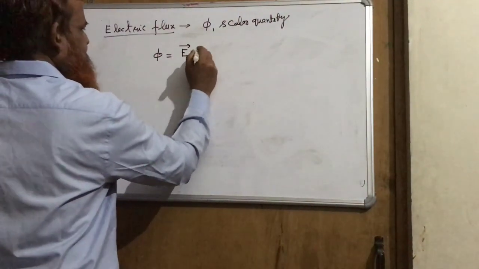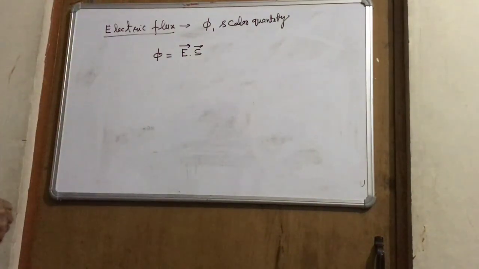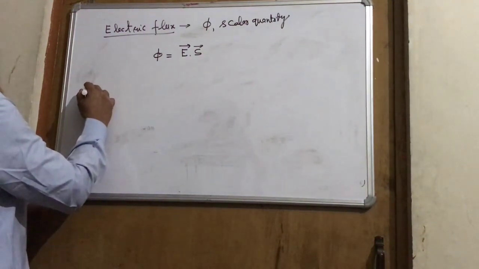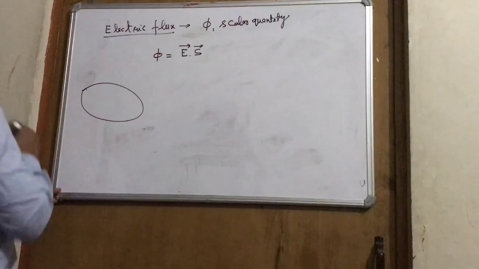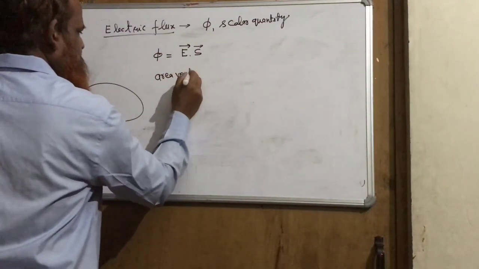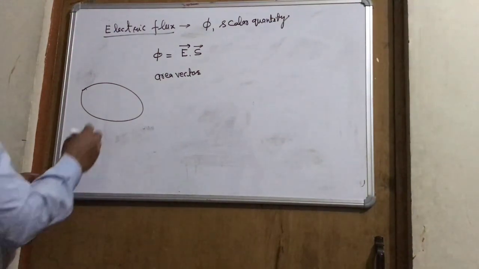So if we multiply it by area, first one term I will discuss here, area vector. Sometimes we take area as a vector quantity and its direction is normal to that surface.